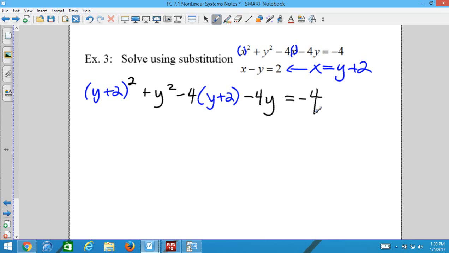All right, how am I going to simplify this? Distribute it first. What am I distributing? The 4. What 4? The -4? Sure. Yeah. Okay.